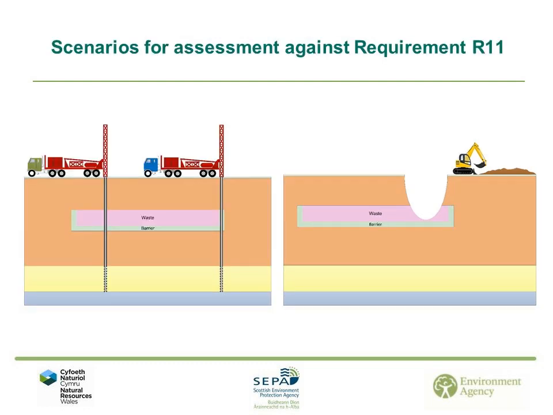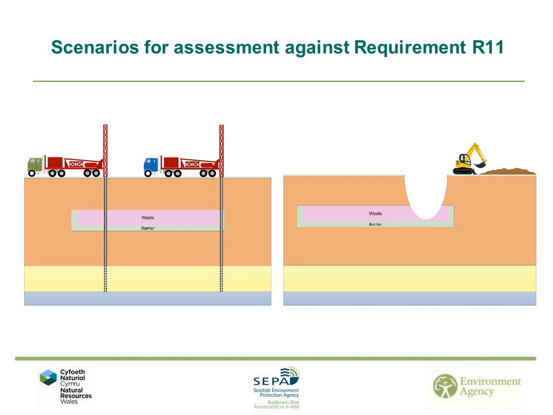Scenarios for assessment against requirement R11. Inadvertent human intrusion is defined as any human action that unintentionally disturbs radioactive substances or that impairs a barrier or measure providing an environmental safety function after release from radioactive substances regulation.